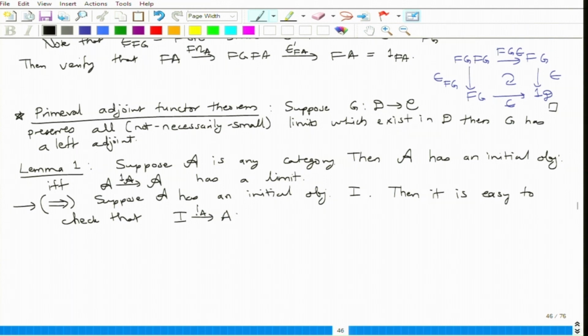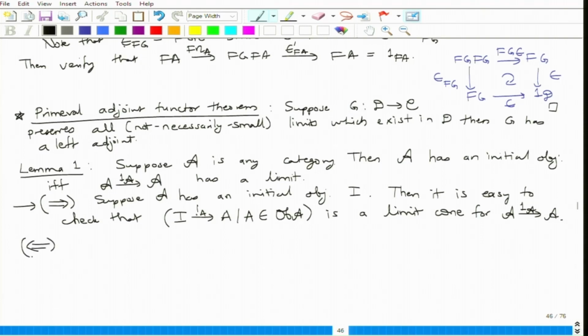It's the unique morphism, where A varies in objects of the shape category, is a limit cone for this diagram. I am not going to verify this. I believe by now you are all ready to check this.